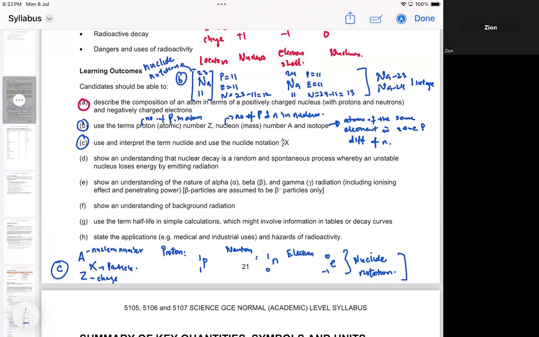Is basically we define as an atom with a specific number of protons and neutrons. So it's basically just an atom only, nothing much. Okay, point C.